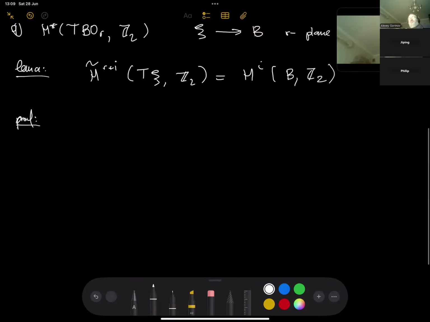So let's embed B as the zero cross section in the Thom space. And then we can let T0 be the complement of this. In other words, we take D psi and we remove B. So this is contractible to the base point.